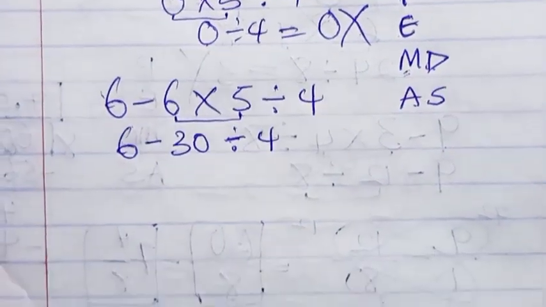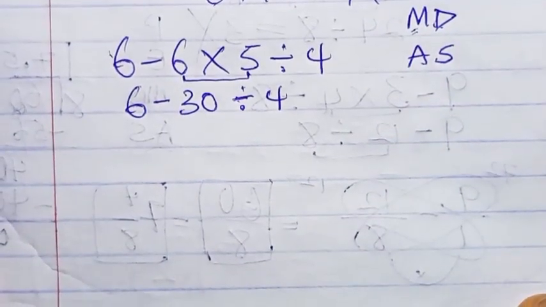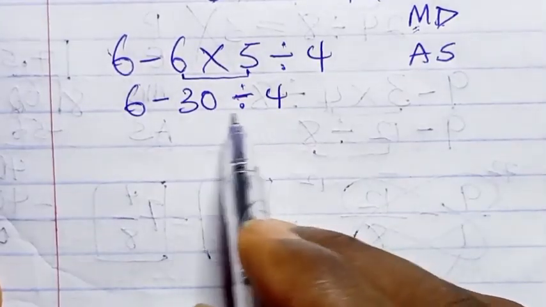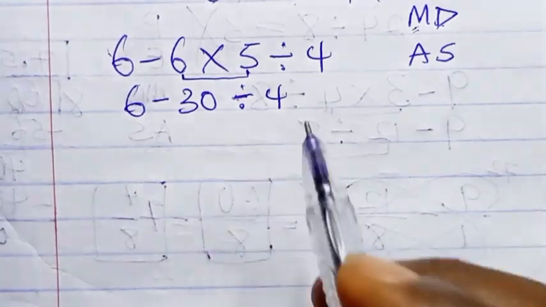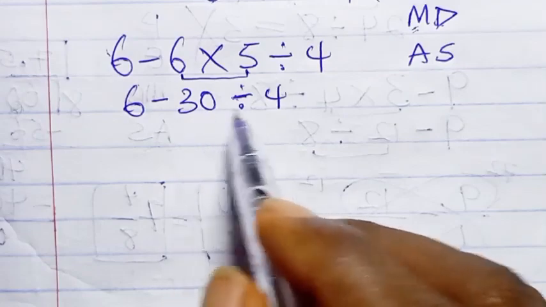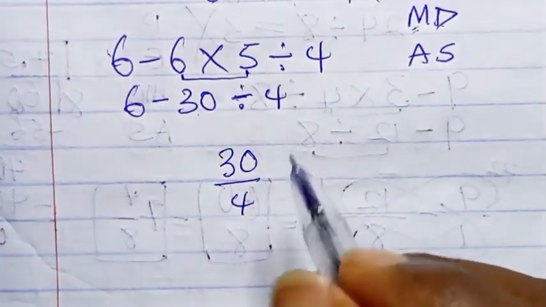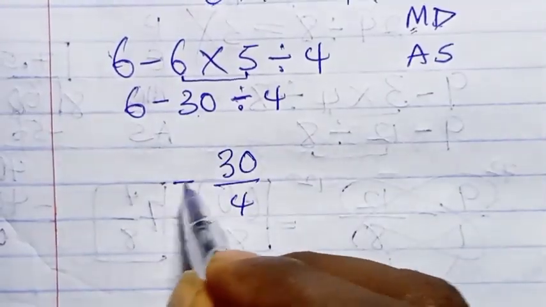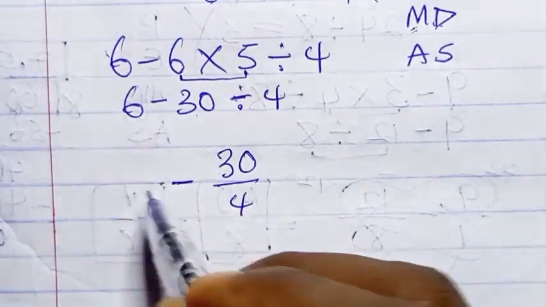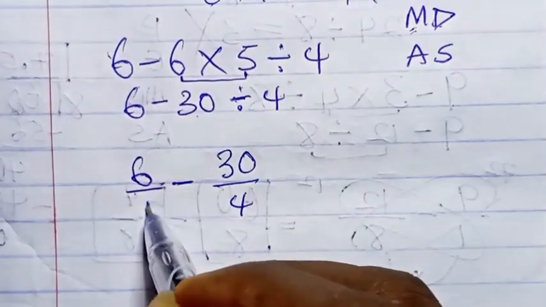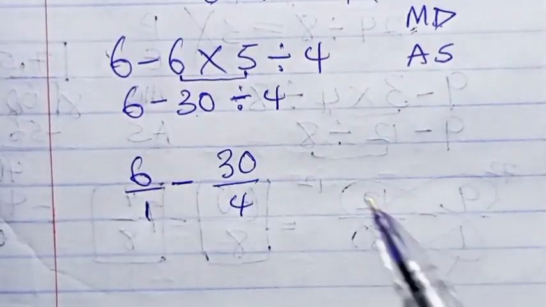So guys, now I want us to write 30 divided by 4 in fraction form. Bring down the negative sign, then we have 6. Put over 1 here to make the fraction complete.